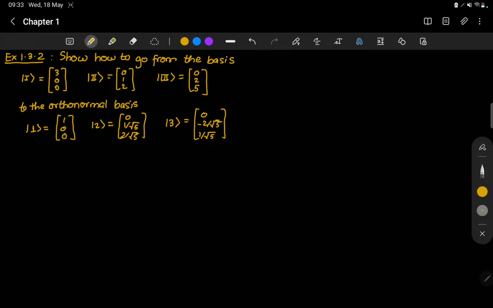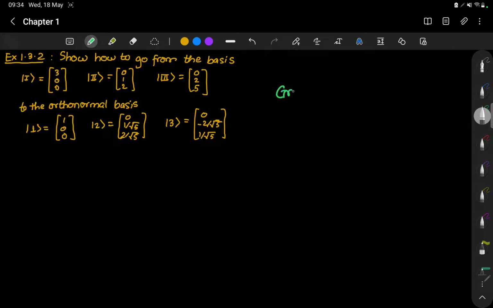So we need to show how we go from this top set of basis vectors 1, 2, 3 in Romans to this bottom set of orthonormal basis vectors 1, 2, 3 in numerics. Now this question is also based on the Gram-Schmidt orthonormalization that we saw in the previous video.